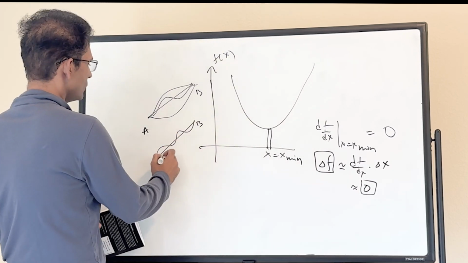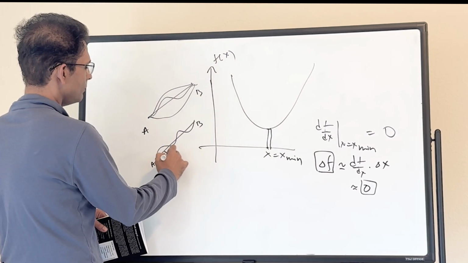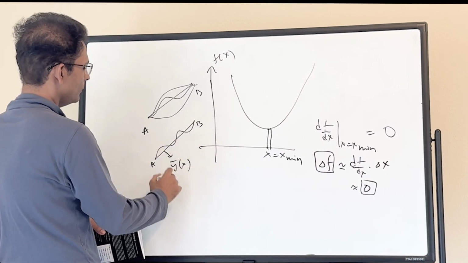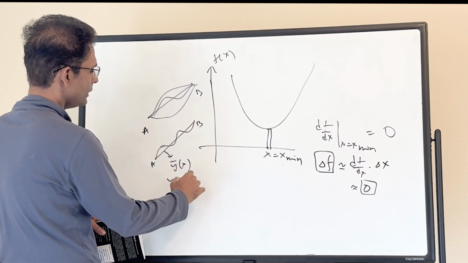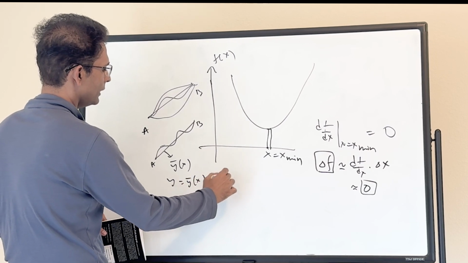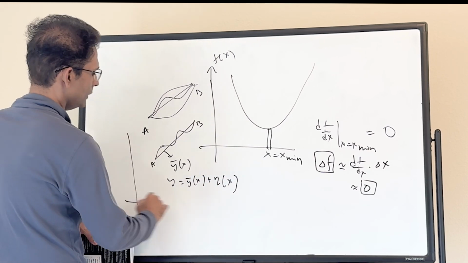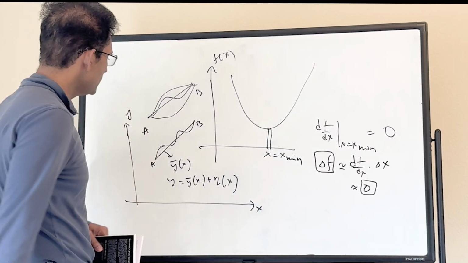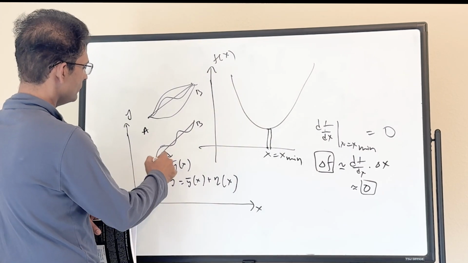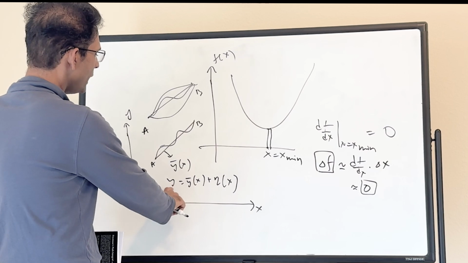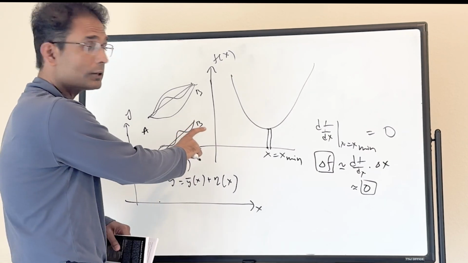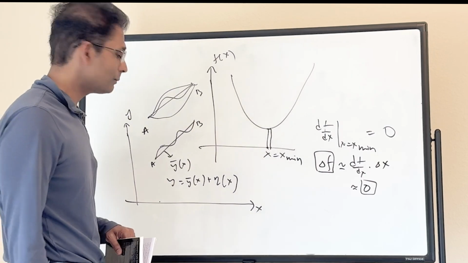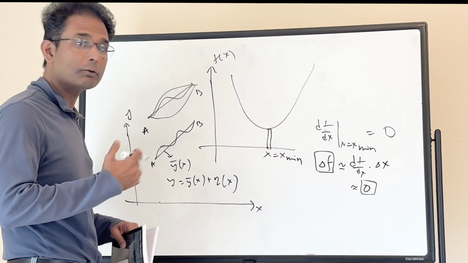An arbitrary function. If the straight line is given by y bar of x, then this path would be y equal to y bar of x plus eta of x. Let's say this is your x-axis and this is your y-axis. See, y and y bar share the same endpoints, so your eta of x should be 0 at these 2 endpoints, just to satisfy the boundary conditions.